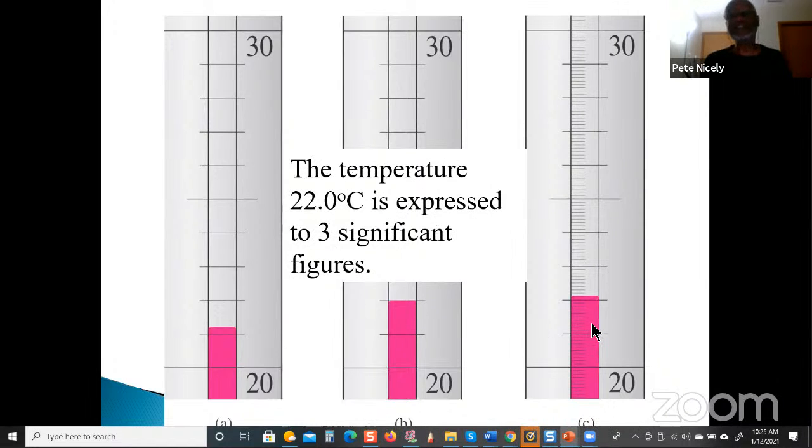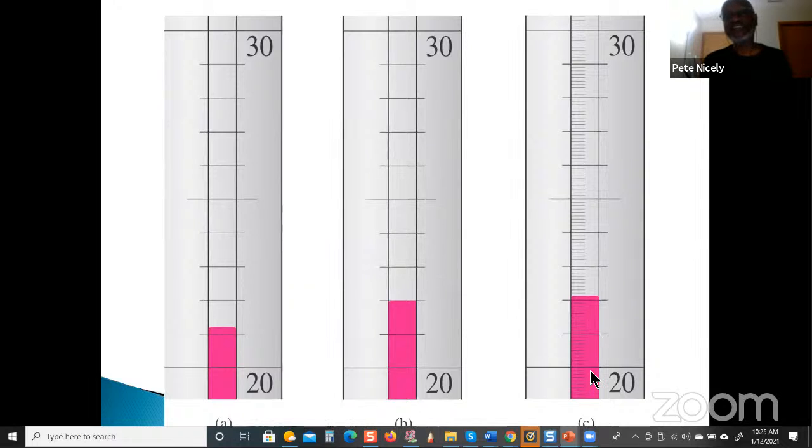Okay, now let's get to the last thermometer right here. In this case, as we said before, we have smaller divisions. Looking at this, we know that this is 22.1 something. We're certain about the 22.1. What we're not certain about is the digit that follows the 1 occupying the tenths place, which is the 100th place in the number. One could look at this and say, well, I think it's 22.11.